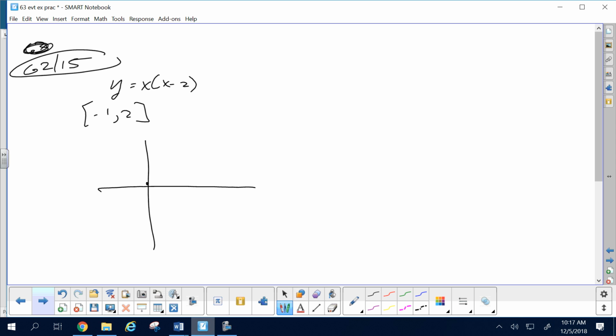Okay, do you agree this has roots at 0 and 2? Yes. So if I talk area between the parabola and the axis on -1 to 2, isn't that going to require 2 integrals because you have some above, some below? So you should be looking at this as 2 integrals. From -1 to 0 it's normal f, because it's positive y's, I'll get positive areas. But from 0 to 2, you've got to go negated f. Whether you negate inside or outside is up to you.